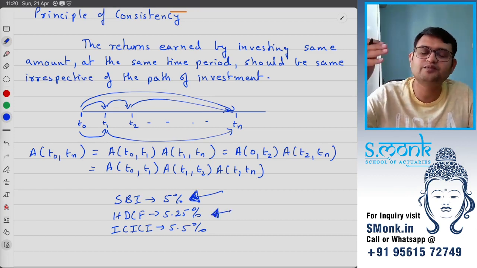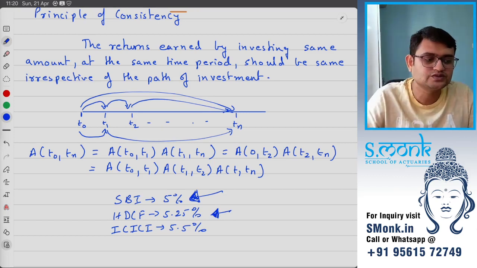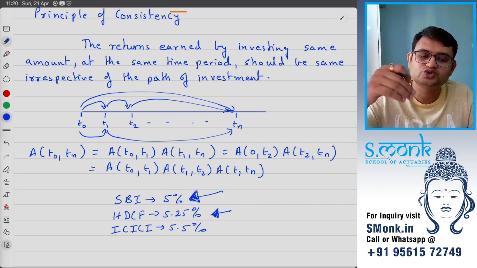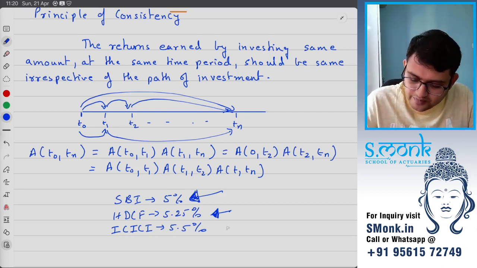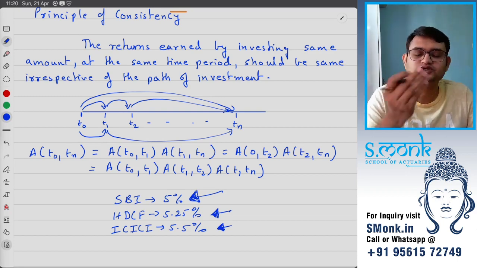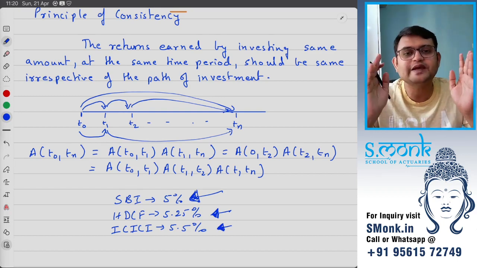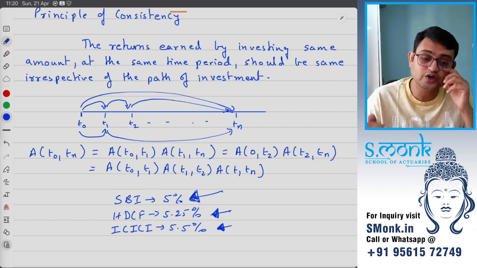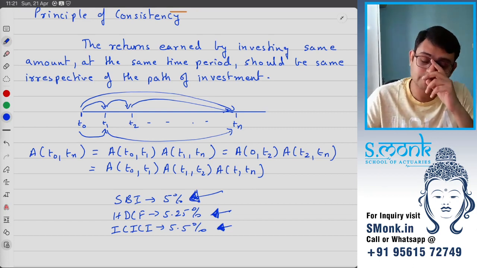I have a bank branch below my house, so it's very convenient for me to choose HDFC because it's easy. Somebody might choose ICICI because their company has a tie-up with ICICI, so every salary account goes into ICICI, so I will choose that. So there might be many reasons why you might choose a different option irrespective of how much returns you are getting.